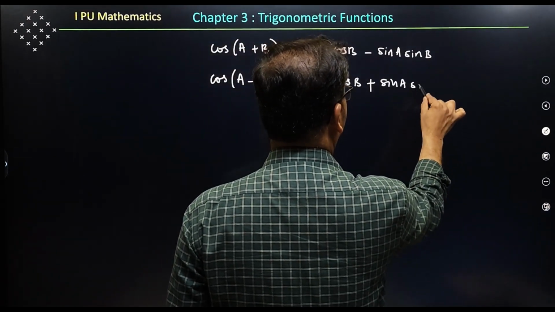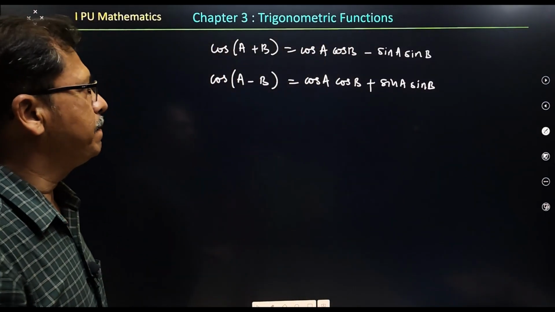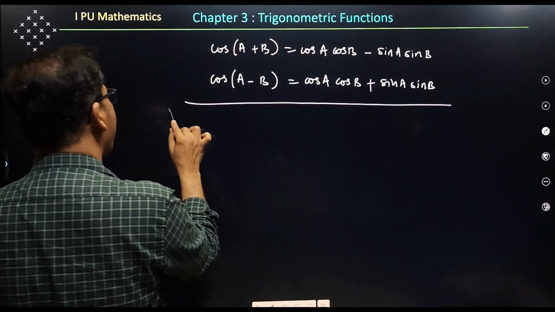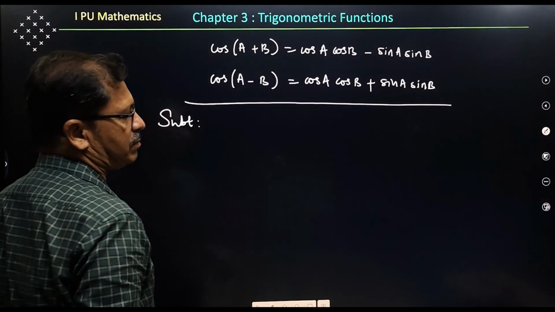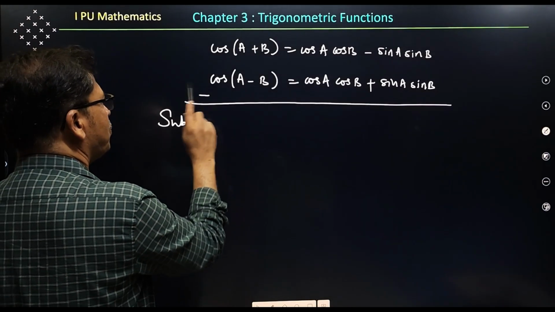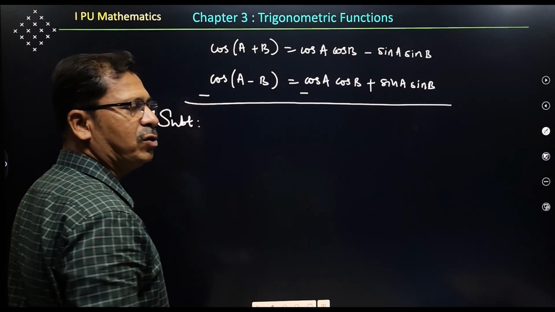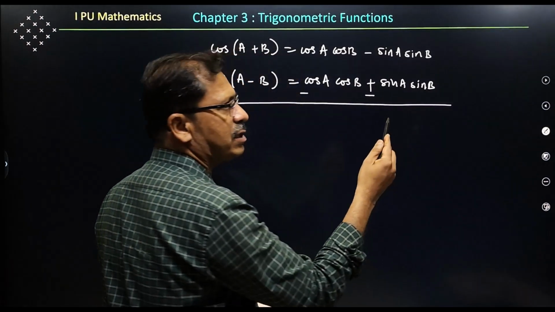Sin a into sin b. Okay. Let us subtract these two. If you subtract, then what happens? This changes to minus, plus cos a cos b changes to minus cos a cos b, plus sin a sin b changes to minus sin a sin b.